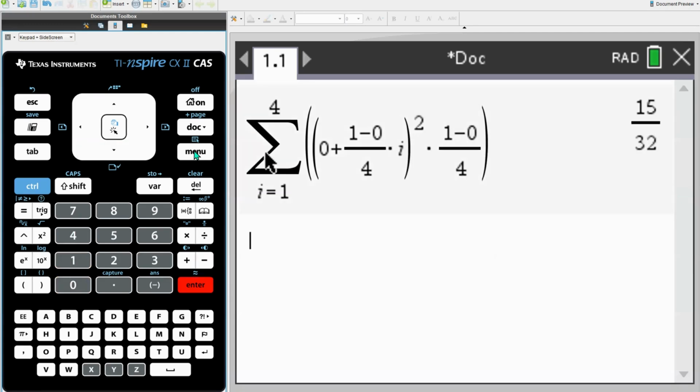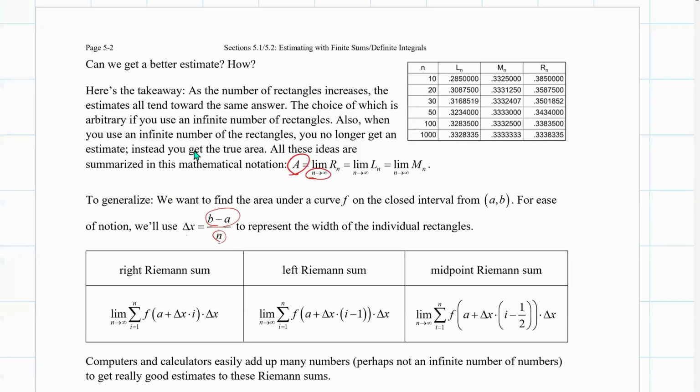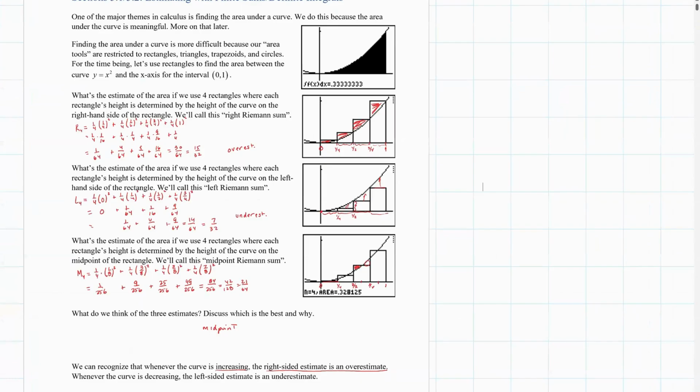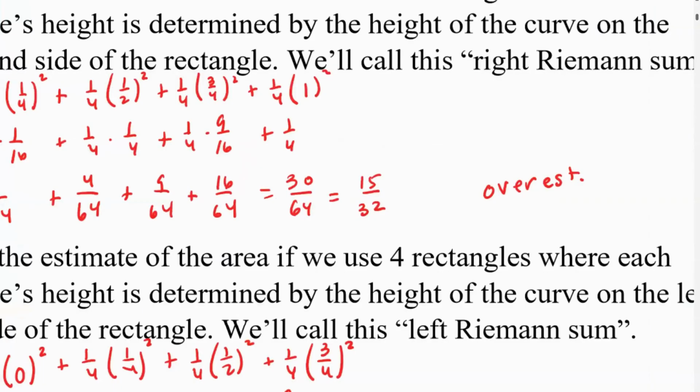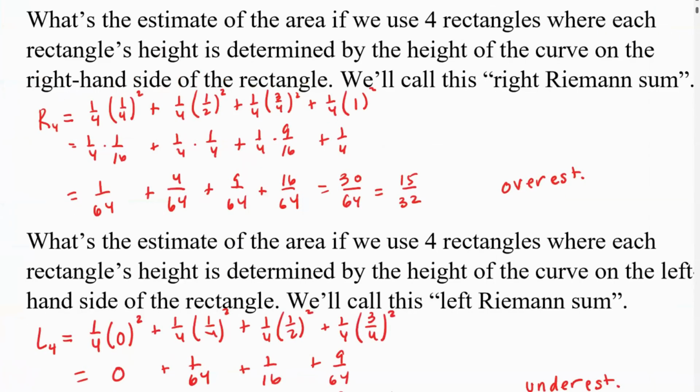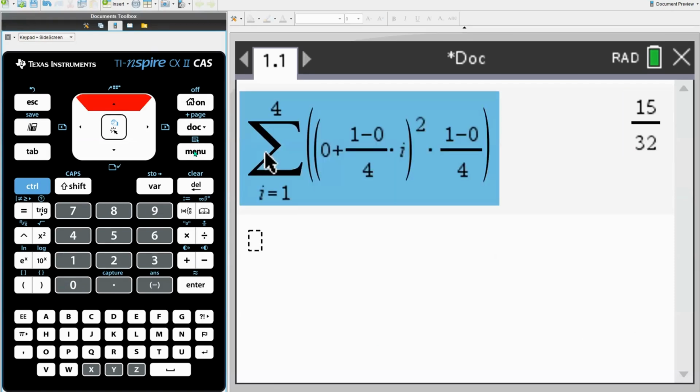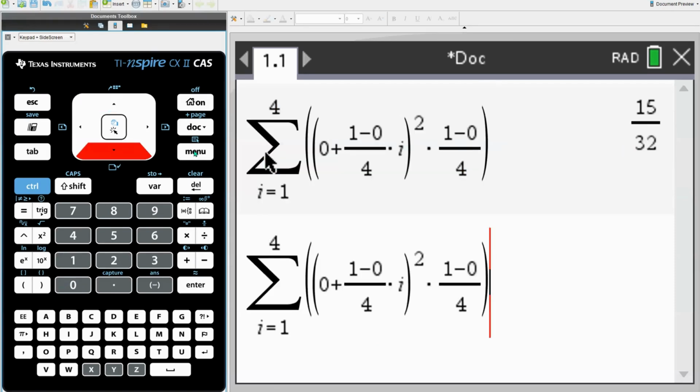And if I hit this, it says 15/32, and that should be the same as what we calculated by hand, 15/32 when we did the right Riemann sum. Well, you want more subintervals? Well, how about instead of 4, we go to 40 subintervals.